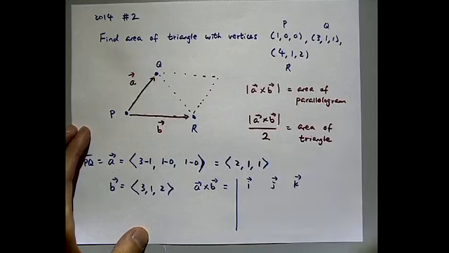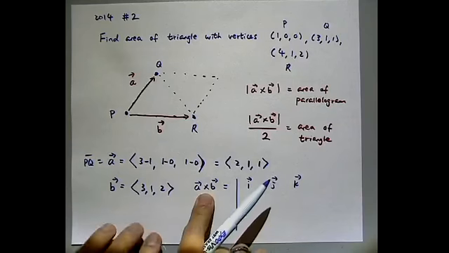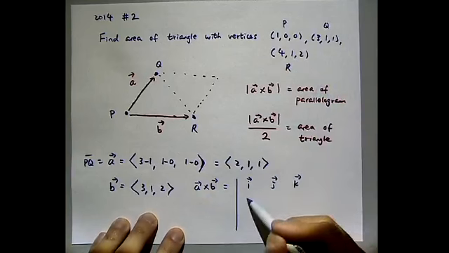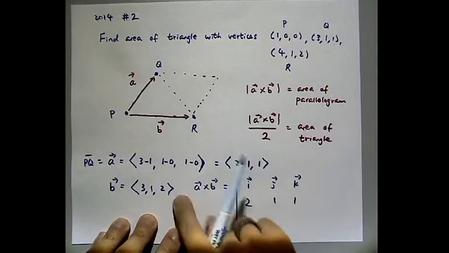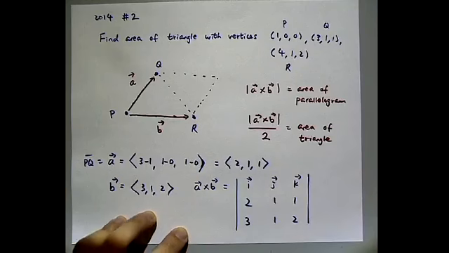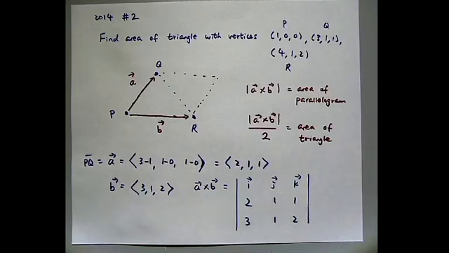Okay, let's do the cross product. When you want to do A cross B, you take A, put them in the second row, and then B in the third row. Remember how to do this? Yes? No? Maybe? Yeah, what do you think?